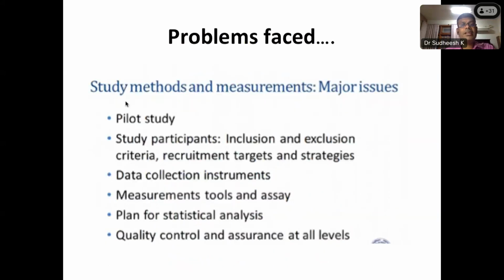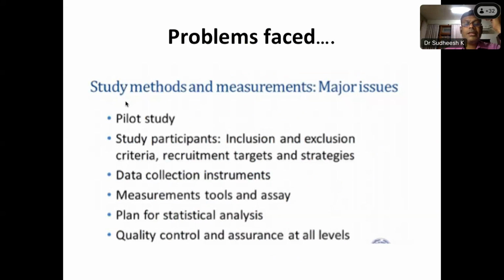Finally, whenever you make a synopsis like this, some of the major issues you face are: if you don't have a pilot study, you will have to do one. Then you should have proper inclusion and exclusion criteria, and recruitment targets: how many patients to be recruited and by what methods.